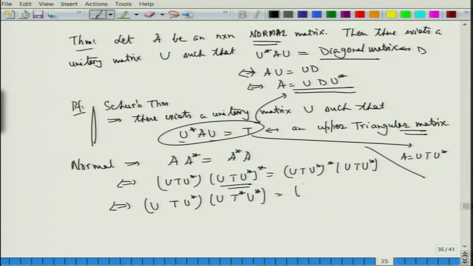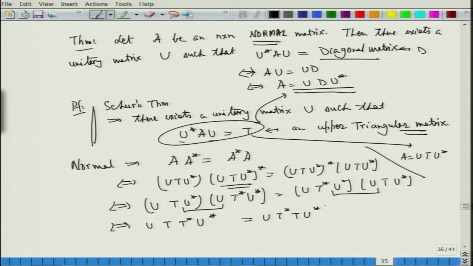What about this part? This is U star star, again U here, T star here, and U star will come here, U T U star. So this was just taking a star on both the sides. Now I can look at associativity of the matrix product. These two matrices are identity. So I get U T star U star is equal to, again here T U star U is identity. So I get U T star T U star.